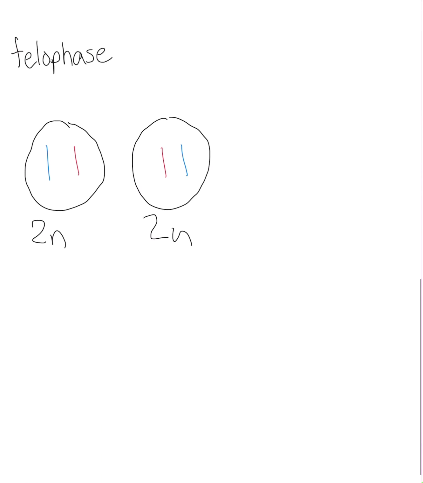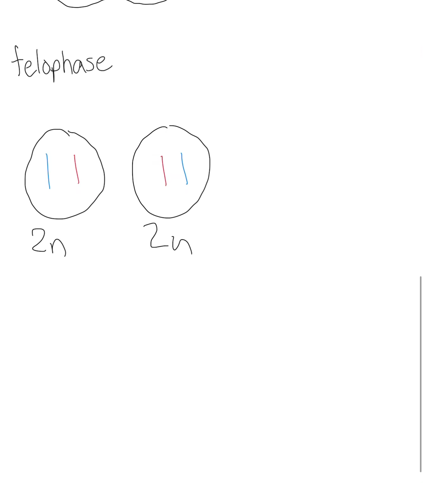And so you get two diploid, that will be this right here, diploid. Two sets of chromosomes. Daughter cells.